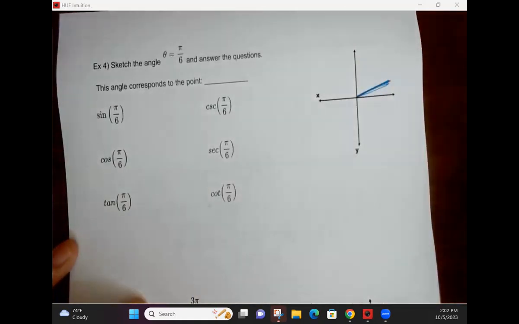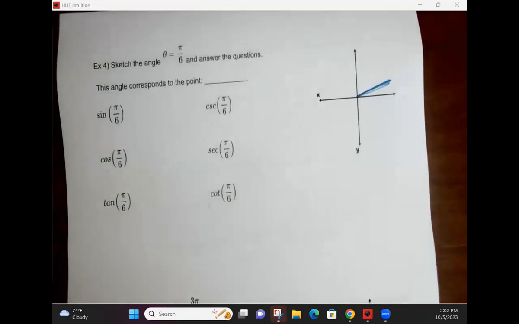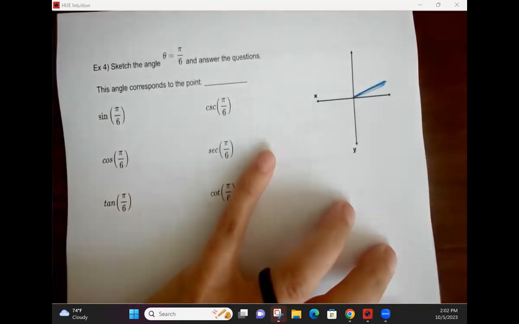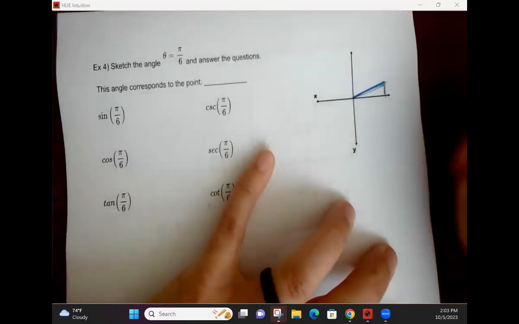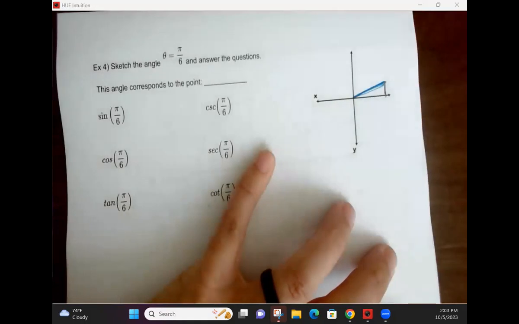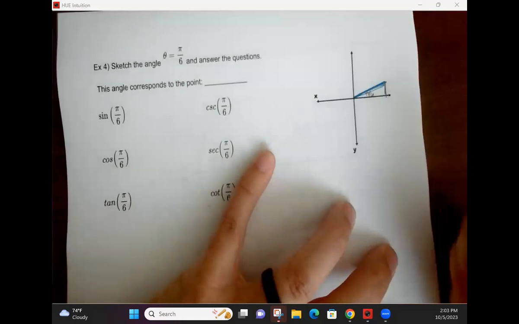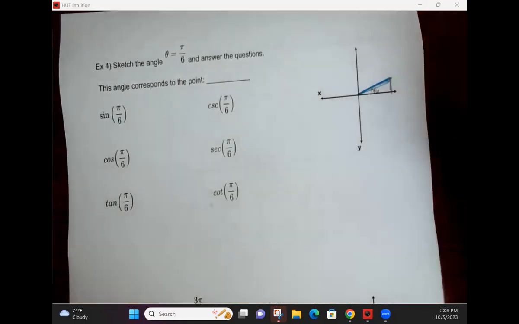Okay, there's my angle. And then I want to know what point does this angle correspond to in the unit circle. So again, I like to use those special right triangles to help me determine where my angles are going to live. So I'm going to drop a side down to my x-axis. This is our angle, pi over 6. Okay, this is a 30, 60, 90 triangle because pi over 6 is our 30-degree angle.